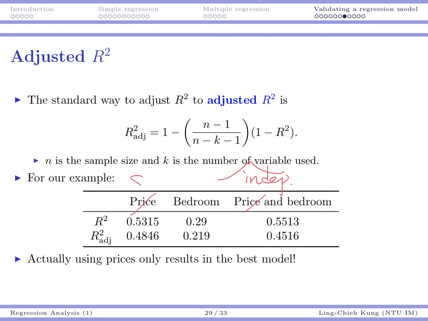These are again sizes. We can get their adjusted R squares. And now, as we expect, using size alone gives a higher adjusted R squared than using both size and bedrooms. So in this particular example, the best model we have is to use size only.